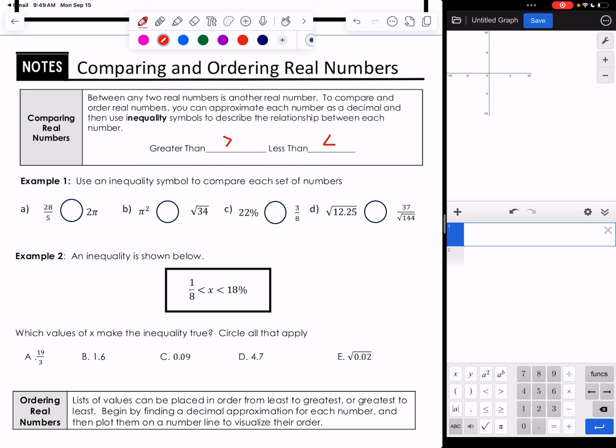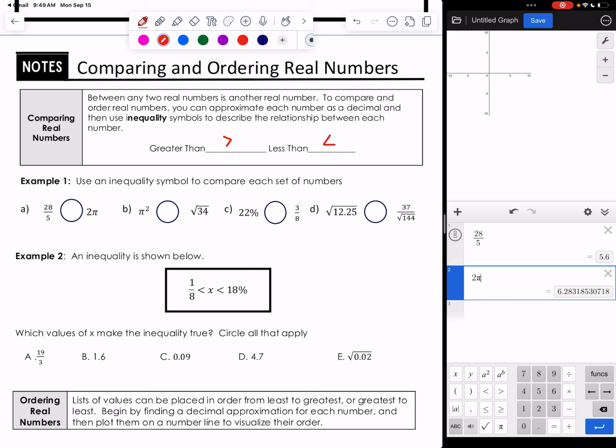So in example 1, it says use an inequality symbol to compare each set of numbers. So what you want to do first is rewrite the decimal equivalent for each number given. In problem A, we have 28 over 5 and 2 pi that we're comparing. I'm going to come over to my calculator and get the decimal approximation for both these numbers.